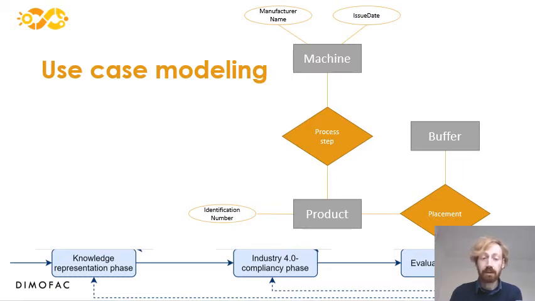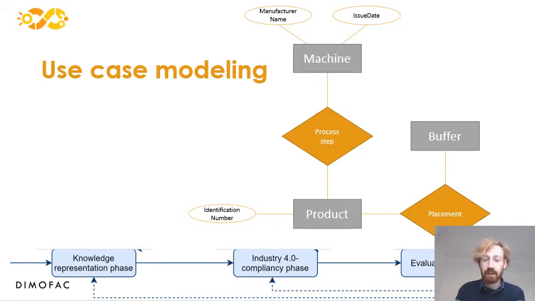The knowledge representation phase consists of building a conceptual model, such as the example given here on the screen. This makes sure that the conceptual modeling can be done in collaboration with the domain experts, and that the Industry 4.0 experts or the AAS experts are included when the conceptual model is turned into an implementation.